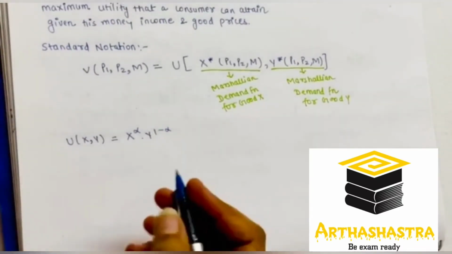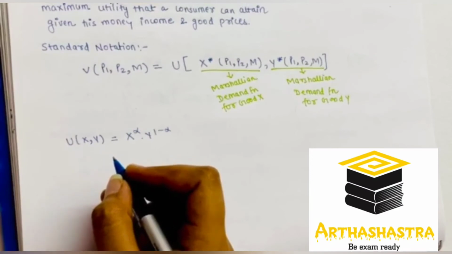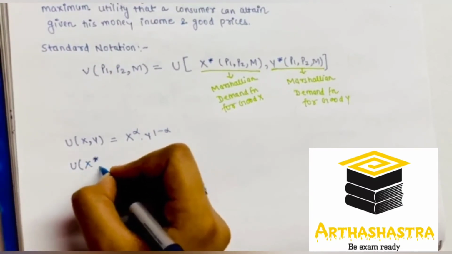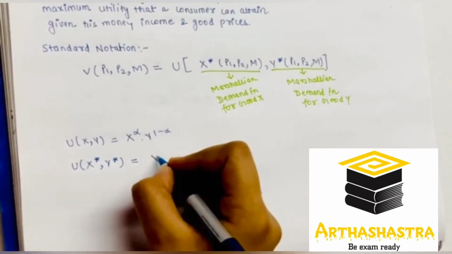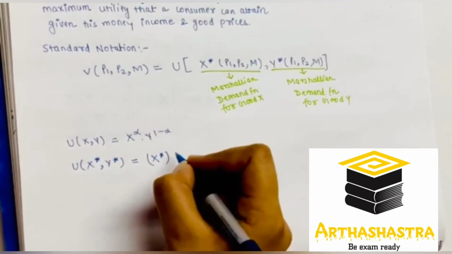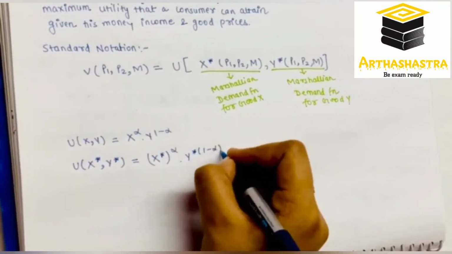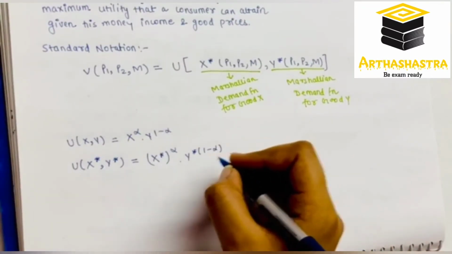Okay, so what will u of x star comma y star be? It will be x star raised to the power alpha times y star raised to the power 1 minus alpha. What is this? We substitute for the two.